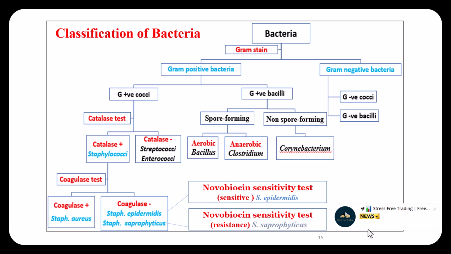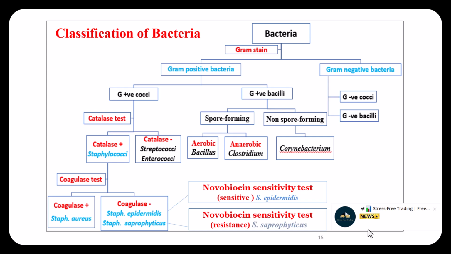We can differentiate between the gram-positive cocci bacteria by doing the catalase test, because all species of the Staphylococcus have the catalase enzyme, while other gram-positive cocci such as Streptococcus and Enterococci don't have the catalase enzyme. So Staphylococcus is catalase positive, as indicated by the bubbles formation.